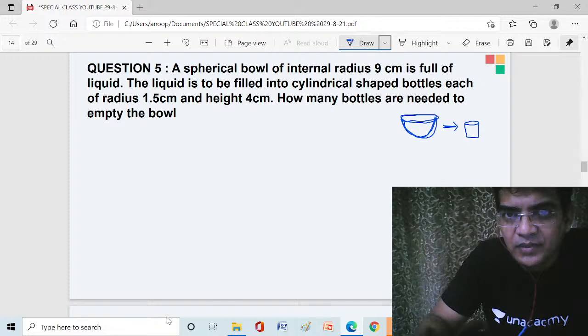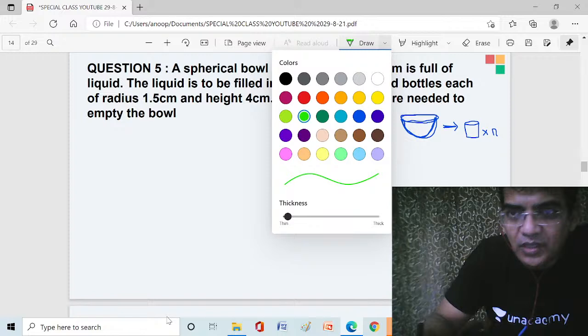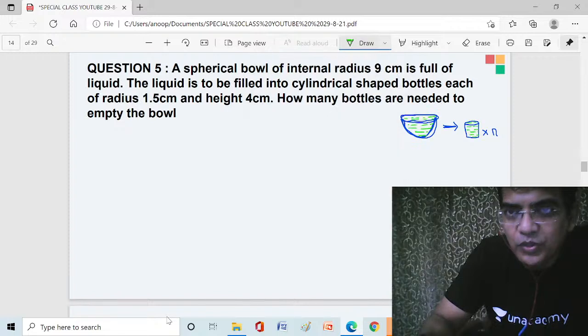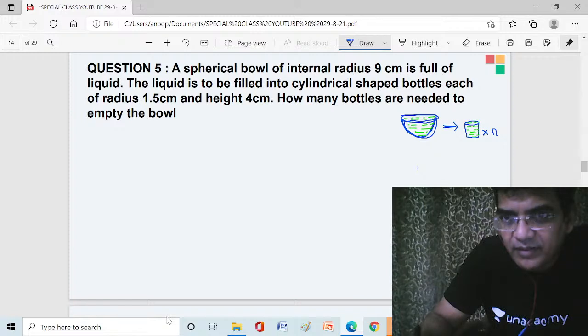Same as we did in the previous question, whatever will be the volume of liquid, now the liquid is filled in this, and this liquid is to be transferred into these bottles. So what you can say is the volume of the liquid in the hemispherical vessel will be equal to the volume of liquid in these n bottles.